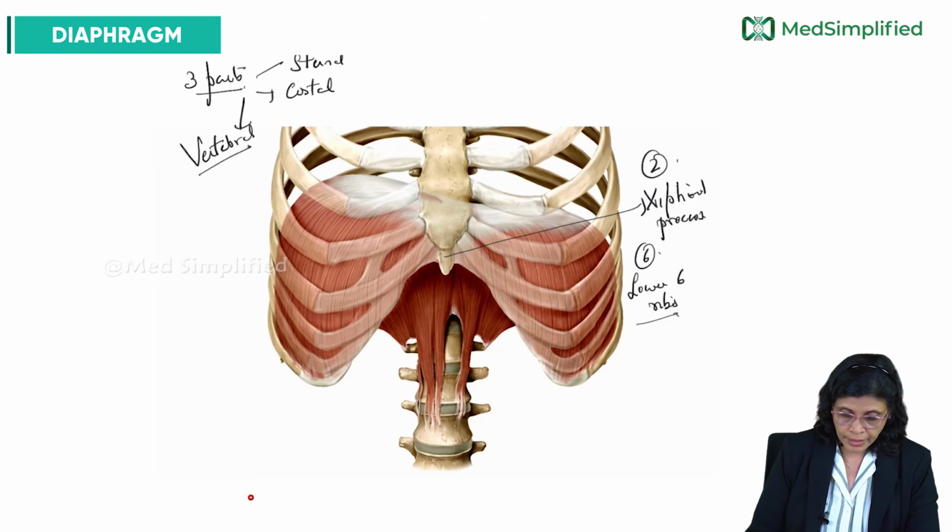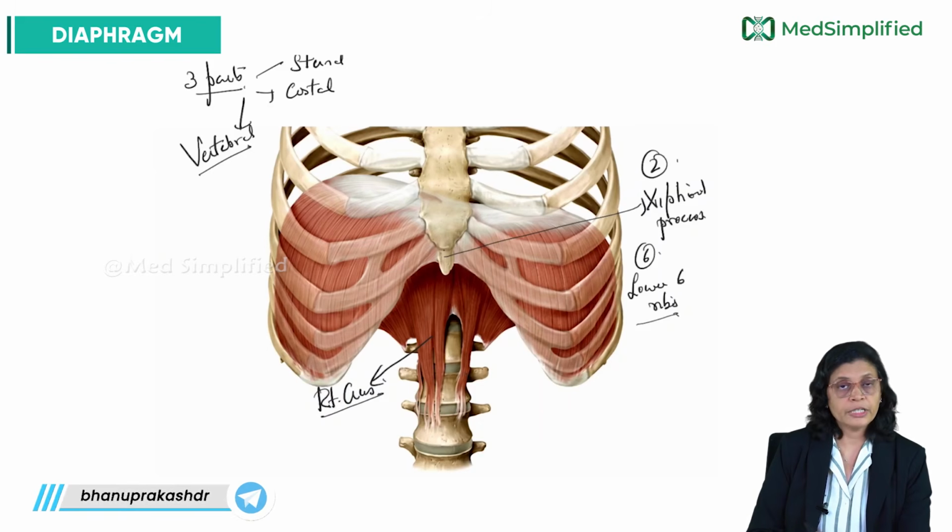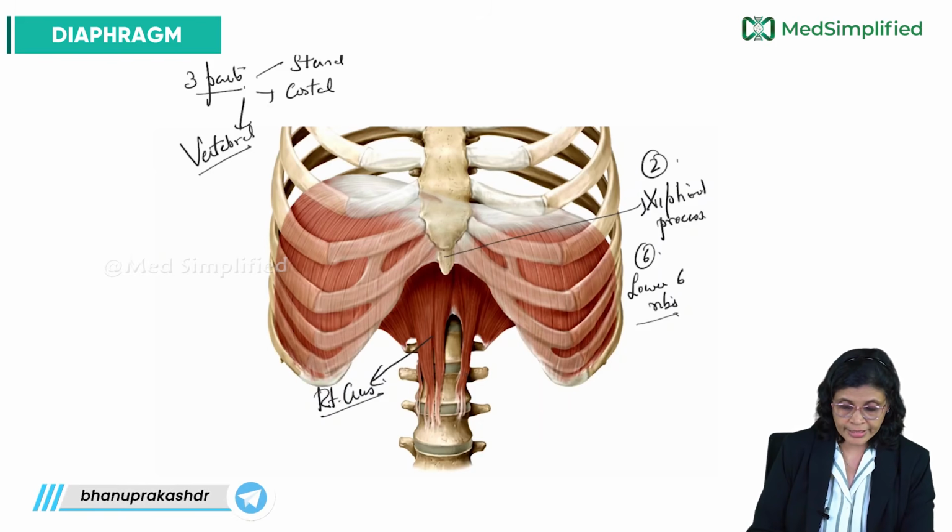The vertebral part arises by means of the right and left crus of the diaphragm, as well as the arcuate ligaments.